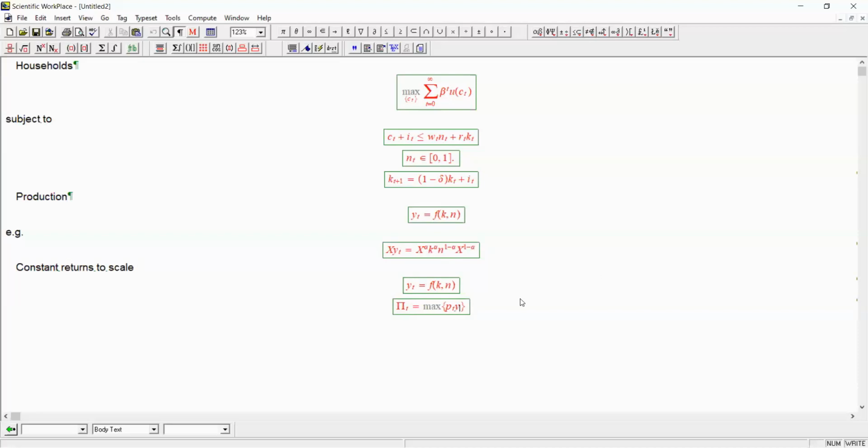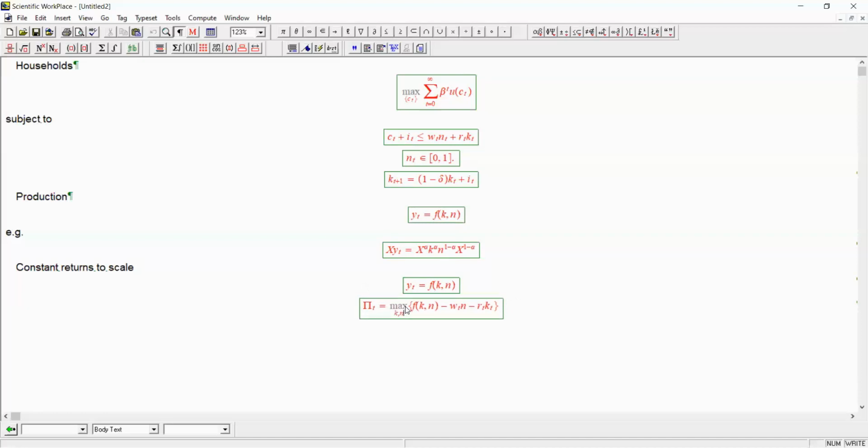The revenues are this. I'm going to drop this because we said that the final goods price is 1. And of course, let's replace this with that. And their costs are, of course, that they're going to have to pay wages for any labor that they use. They'll have to pay the interest rate for whatever capital that they use.